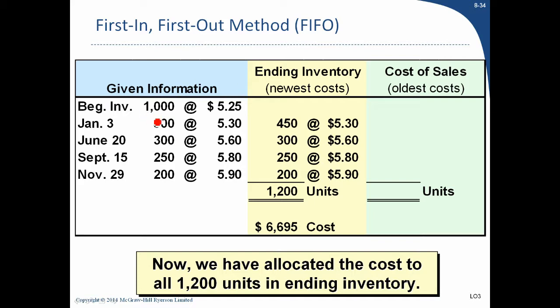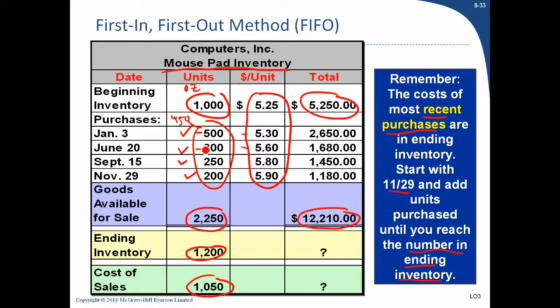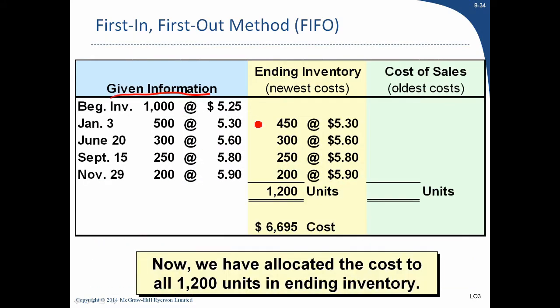So this is given information, right? And all this, the units and the dollar amounts just come from here. What we're saying is ending inventory, newest cost, we're going to start from the bottom and work our way up until we hit 1,200 units. And we know the cost of each of these purchases, right?